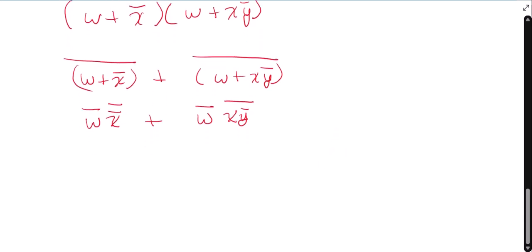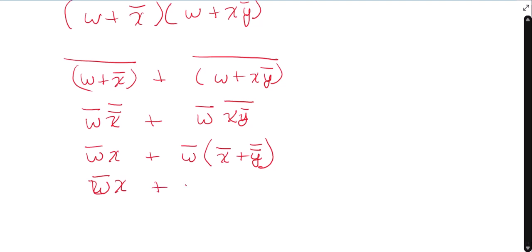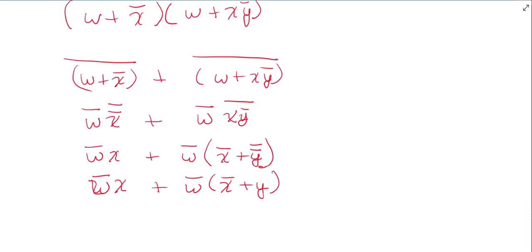Okay, so this X double bar, that's just the same as X. But now I have the not of an AND again, so that becomes the OR of the nots. And now I have everything to where I just have a single not on a single variable.